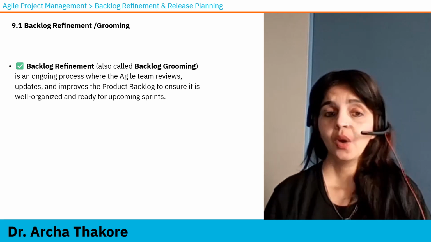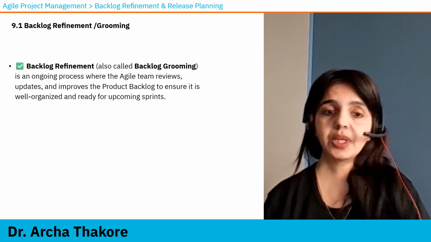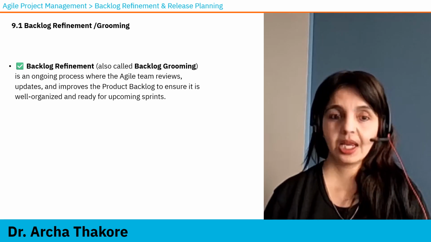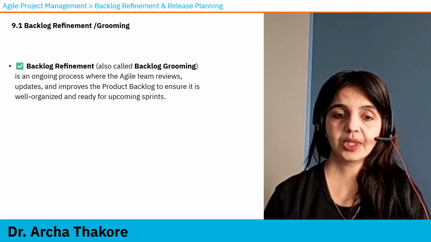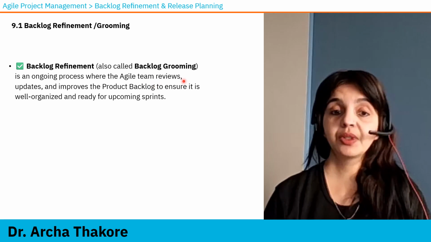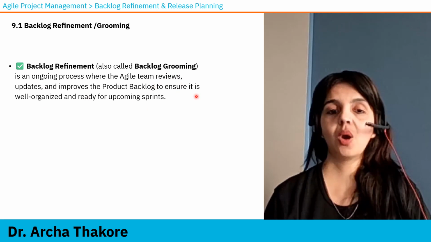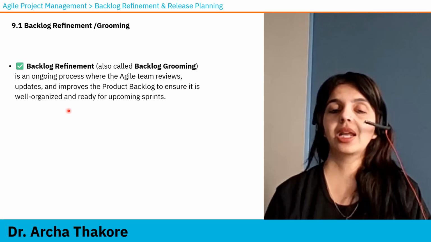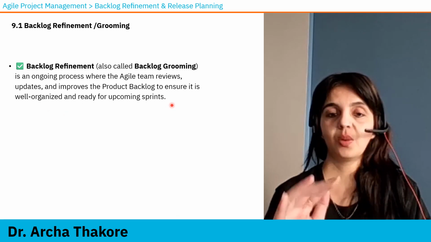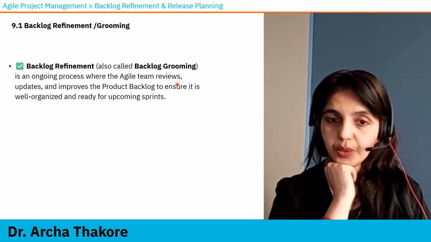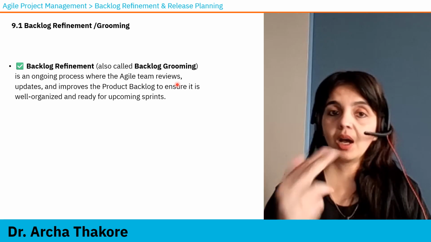Now, what do we say here? Backlog refinement, also called backlog grooming, is an ongoing process where the agile team reviews, updates, and improves the product backlog to ensure it is well organized and ready for upcoming sprints. Now, what are we saying here? They review it, they see what is there in the to-do list, what is there in the backlog, update.